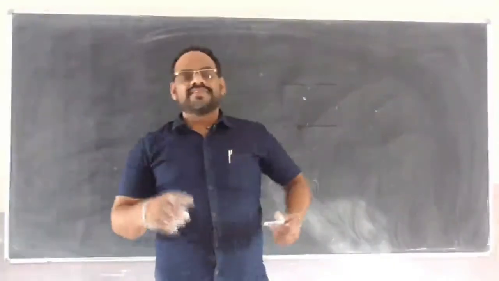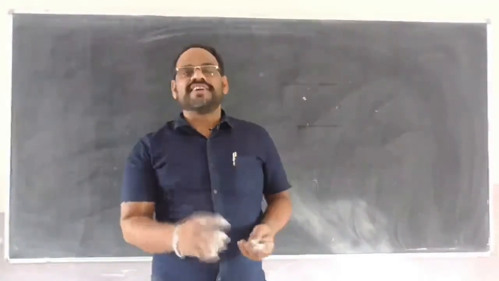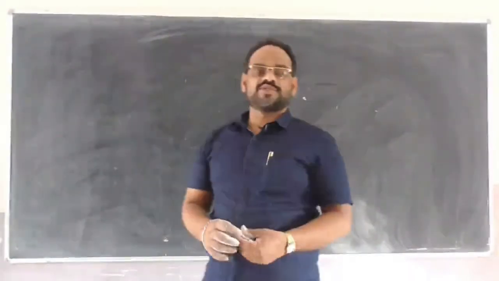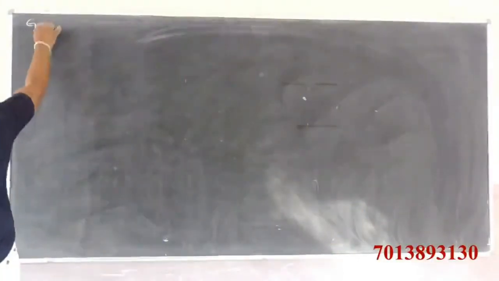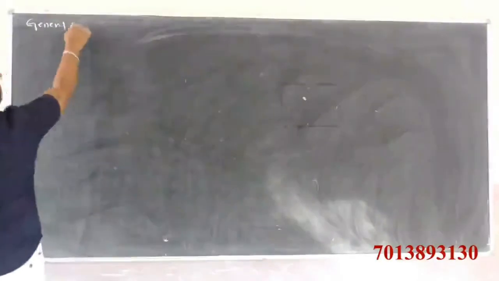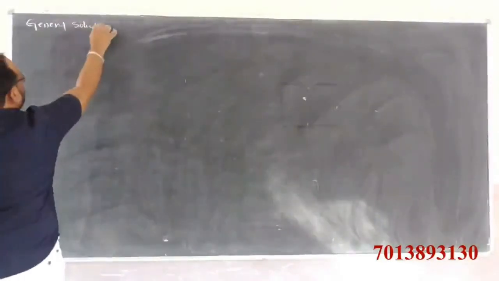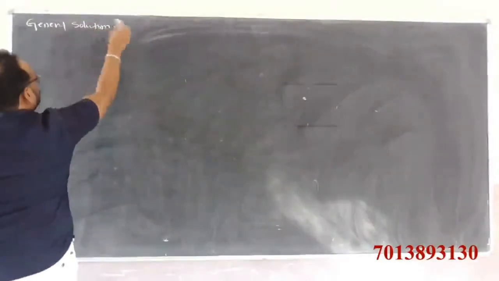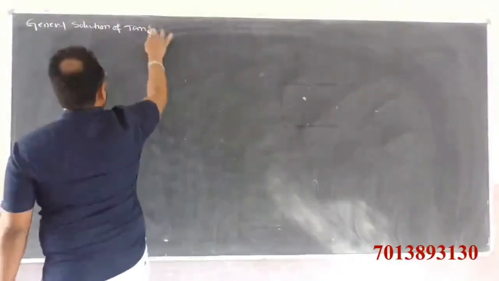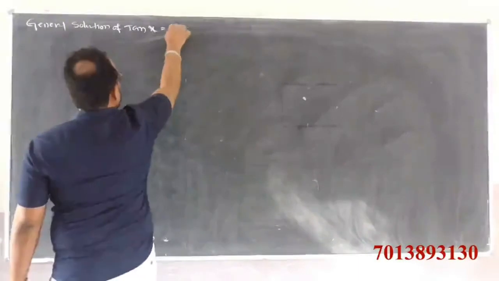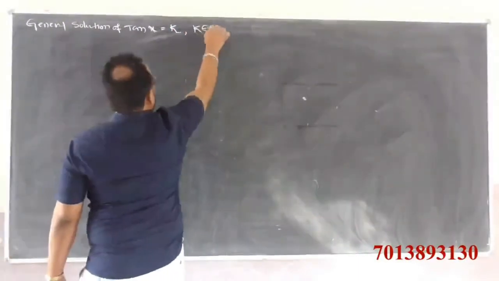Next, how to find the general solution of tan x equals k?